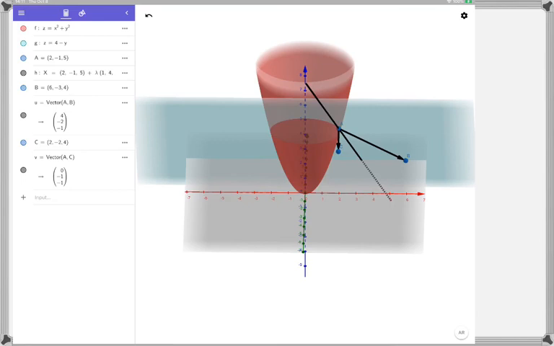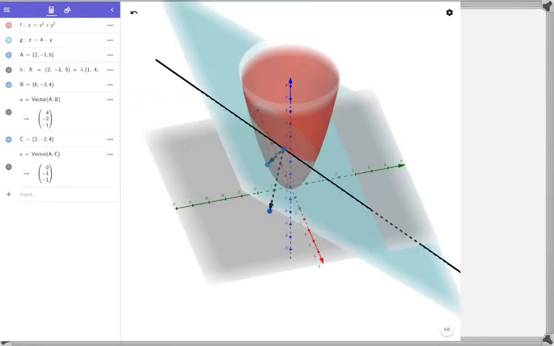And then where they intersect is this point A. Okay, and then we have your tangent. So that's going to be the tangent there. And then we have our two vectors here and here. And we found the angle between those vectors to be 62.42, yeah.